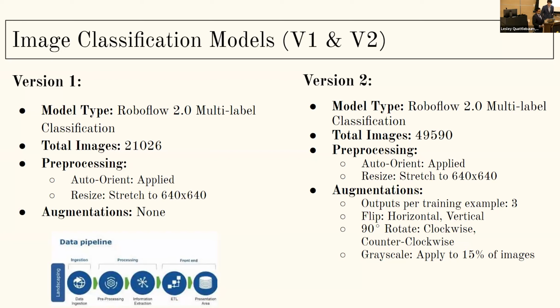And so that's why for version 2, we applied a lot more augmentations. So we tripled our training data set. We also added some flipping. So we flipped it horizontally and vertically, applied 90-degree rotations, clockwise and counterclockwise, and applied some grayscale to 15% of the images. And our reasoning behind the augmentations is, having looked through all the plane images, we try to best augment the pictures according to the images that it was most likely to get trained on from the training data.